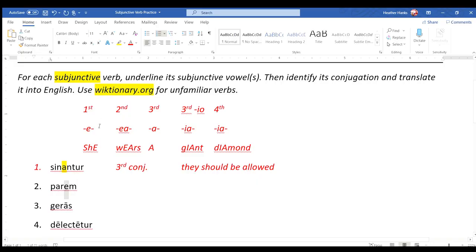Well, there's only one, E. So I'm going to underline it. In this case, I'll just highlight it. So if it's an E as a stem letter, subjunctive vowel, normally that would be second conjugation, but these are all subjunctive. So instead of being second conjugation, it's actually first. So for parem, I'm going to put down first conjugation.